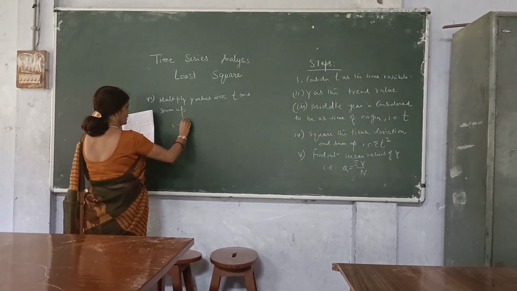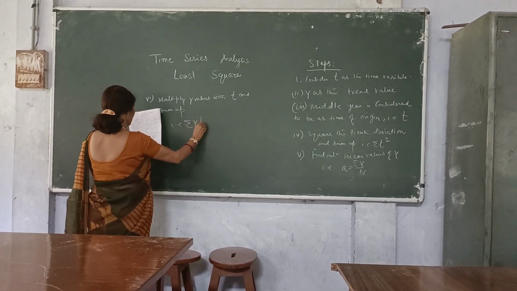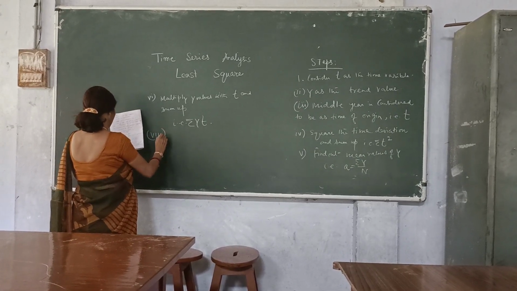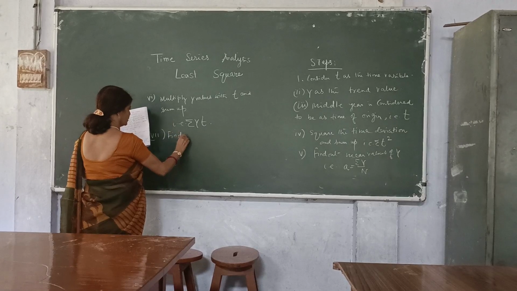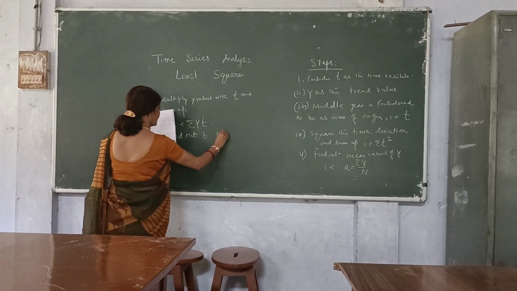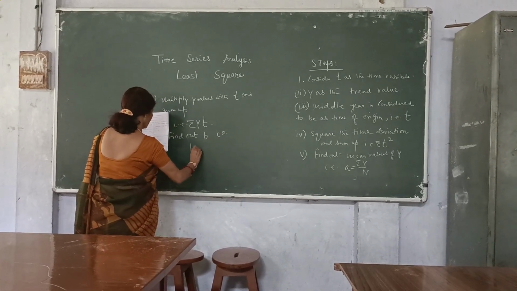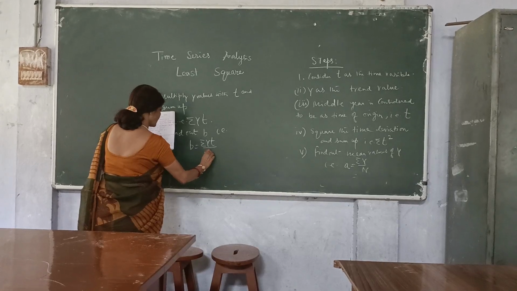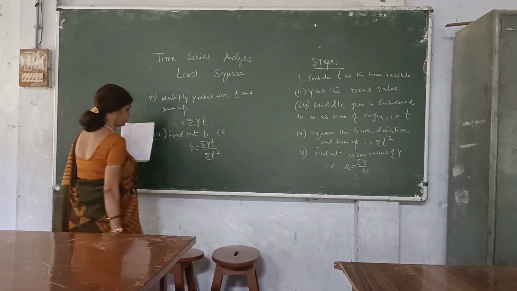That is summation of y into t. Number 7, find out b. That is b equal to summation of yt by summation of t square.